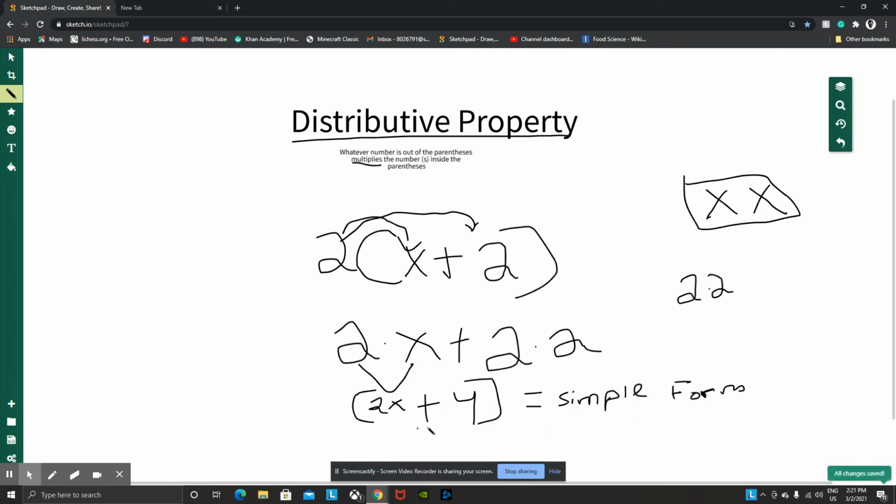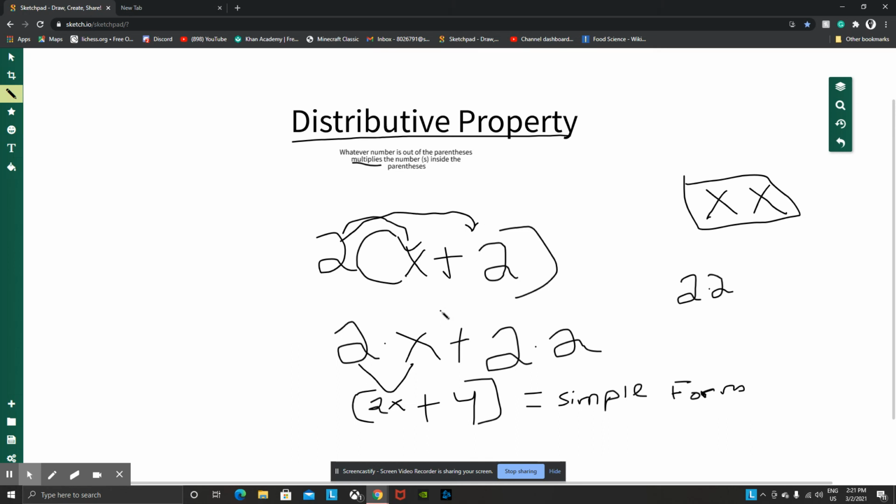We cannot do that because these aren't like terms, and that gives a little hint of our next video, which is going to be on combining like terms. We cannot combine these two terms because they're not alike. 2x is a completely different thing than 4. One's a variable, one's not.